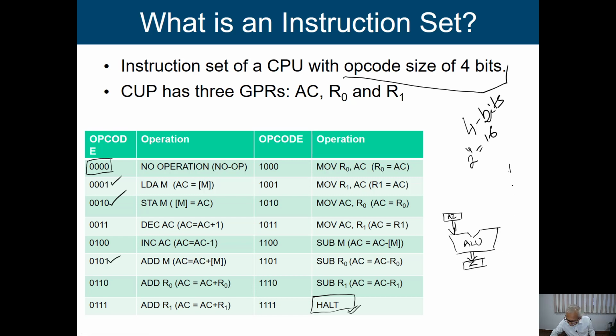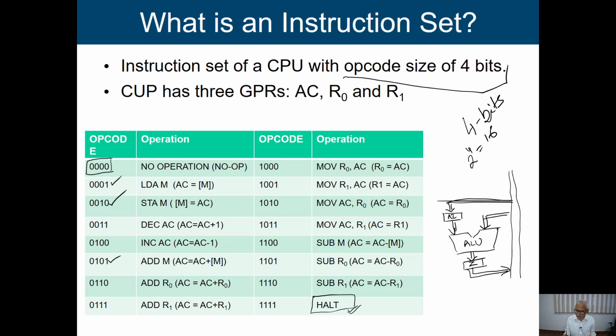The second input is directly connected to this bus bar. This is the way we visualize it, and the result is again transferred to the bus bar and goes to the appropriate position. So this is the scenario.